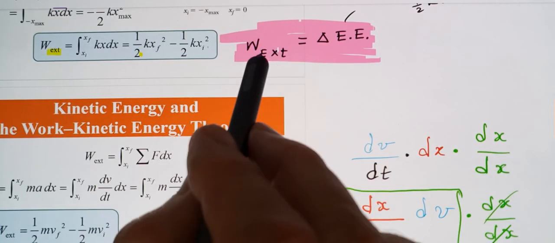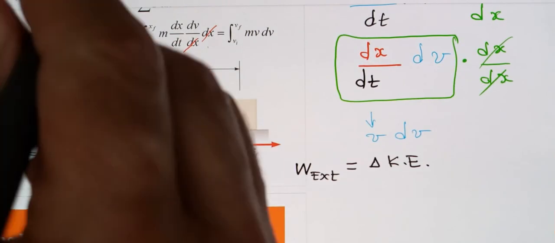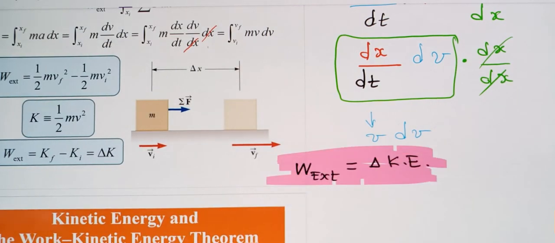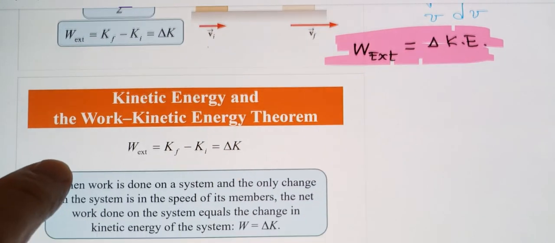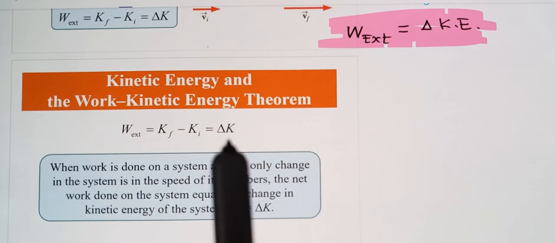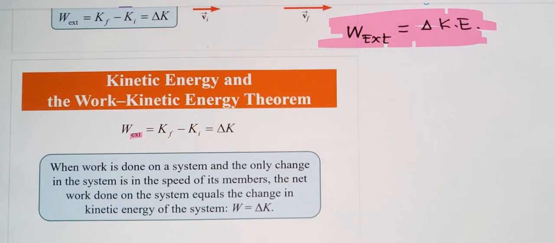Notice here, work external was the change in elastic energy, and here work external can be defined as the change in kinetic energy, K final minus K initial. And this is work external.